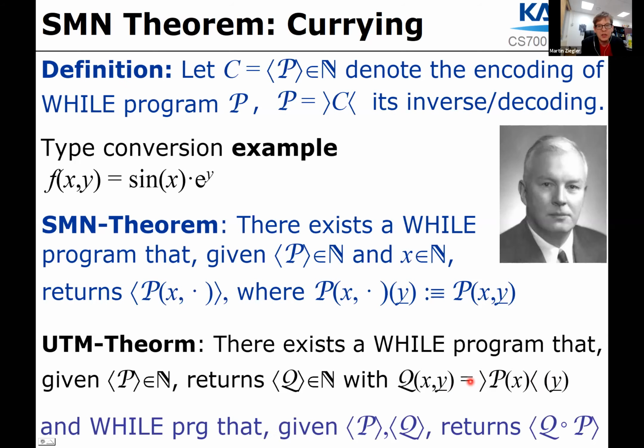And the third statement is that a while program can realize the composition of two while programs. We know that when we have two while programs that compute functions, then it is possible to compute their composition.